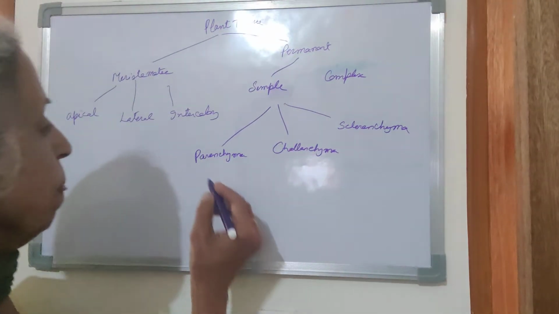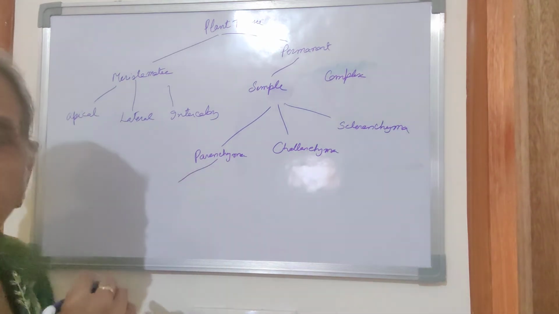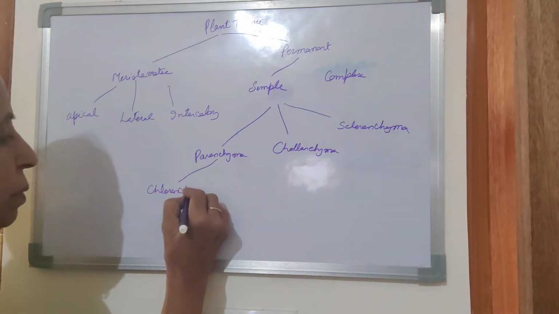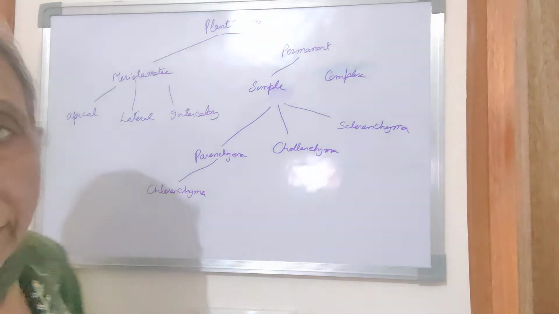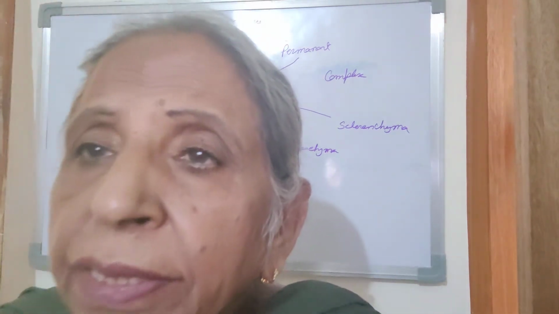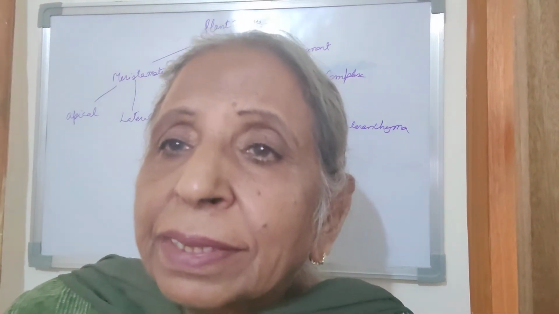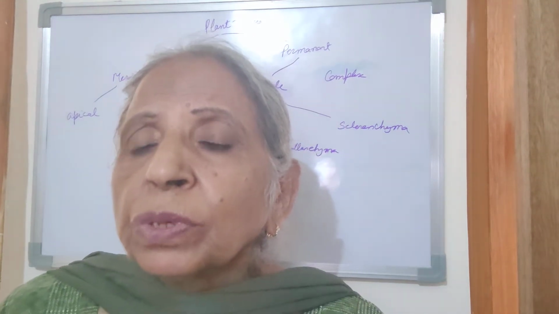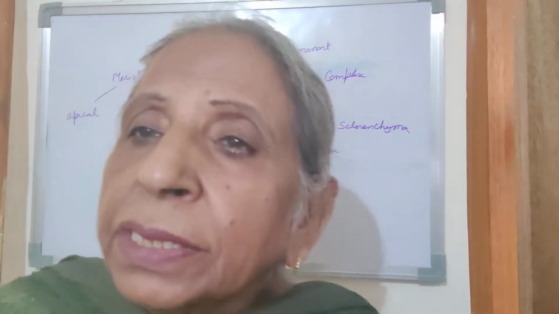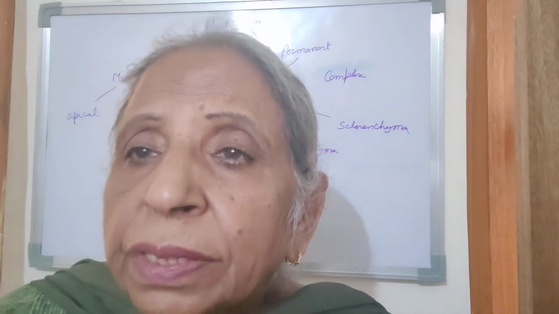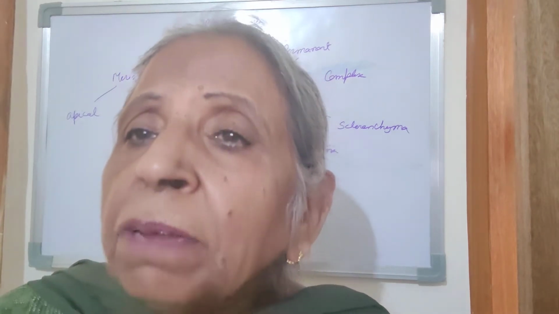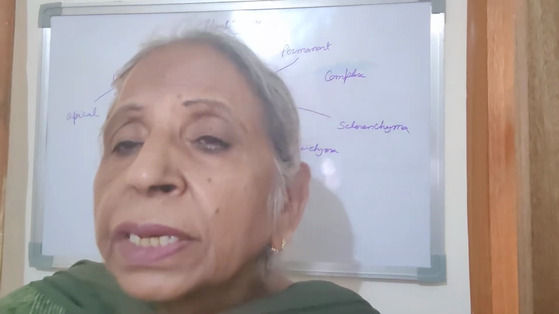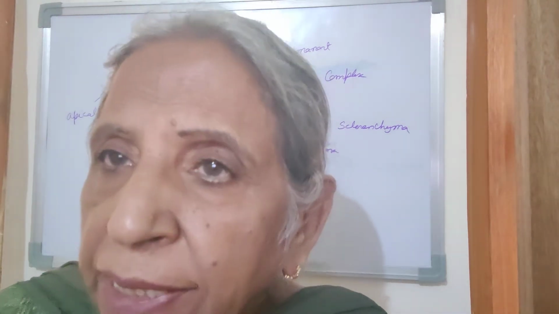When parenchyma cells have chloroplast, they are called chlorenchyma. When the parenchymatous cells have the green pigment chlorophyll in the chloroplast, it is called chlorenchyma, which helps in photosynthesis, in production of food and starch, taking carbon dioxide and water in the presence of sunlight.